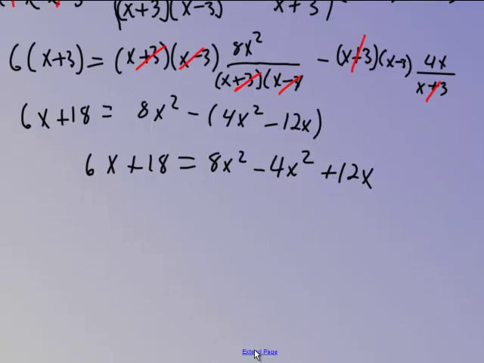And let's go ahead and simplify and set everything equal to 0. So we'll be left with 4x squared when we combine the x squareds. I'll subtract 6x with 12x, which will leave me with just plus 6x. And then I'll subtract 18, leaving negative 18 equals 0.